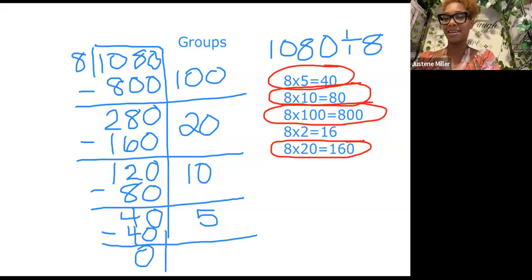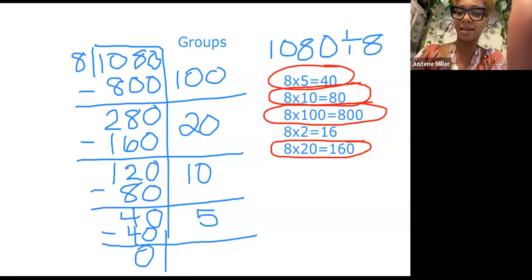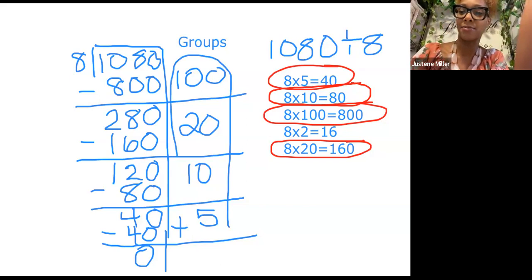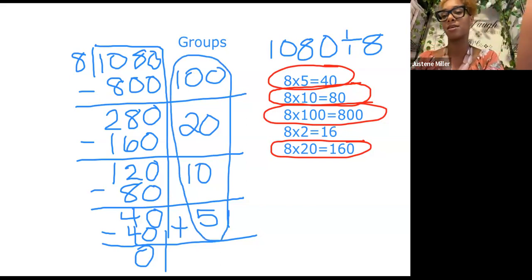But not quite yet. I still need to have an answer. How do I get my answer? Yeah, I have to add my groups. So I am adding everything on the right. 100 plus 20, 120. 120 plus 10, 130. 130 plus 5 gives me an answer of 135.